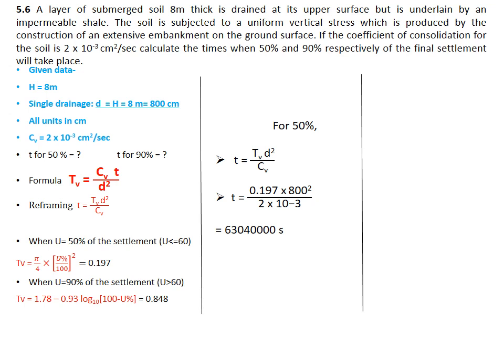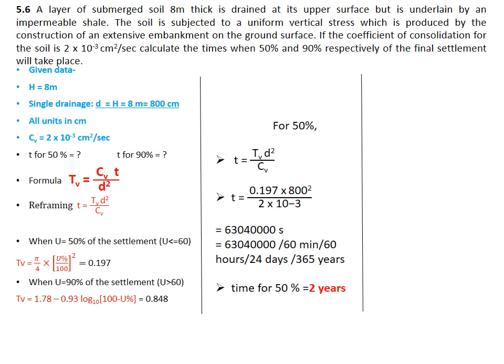So just to make that number presentable, we'll convert it into years. So divided by 60 for minutes, then again 60 for hours, 24 for days, and 365 for years. So you'll get the value as 2 years. So for 50% of the consolidation of that clay layer in the field, it will take 2 years.